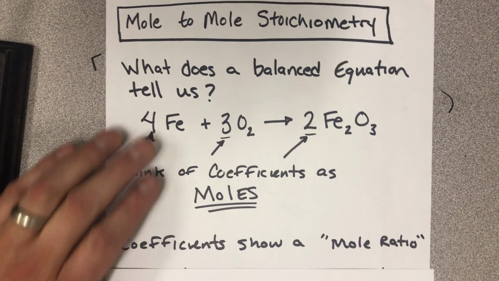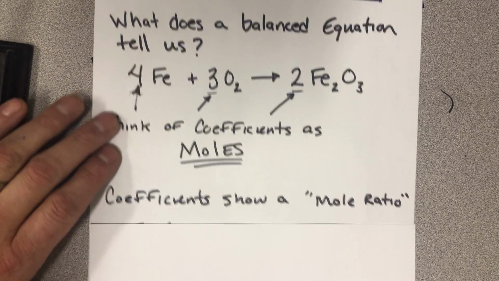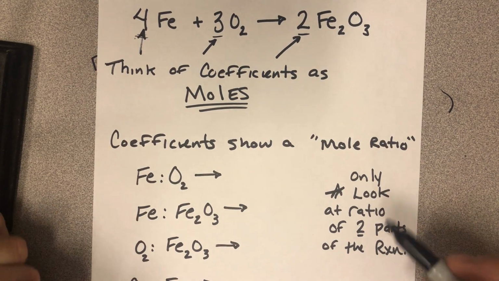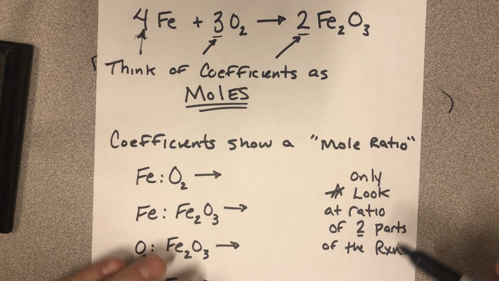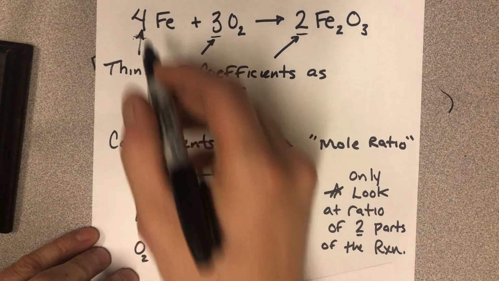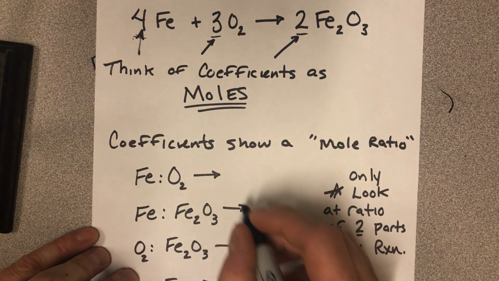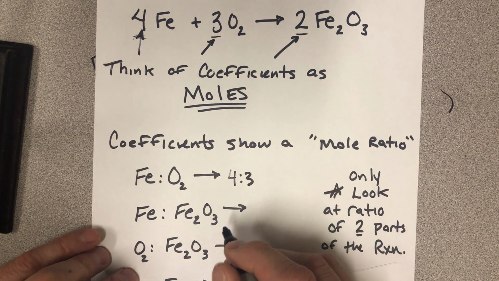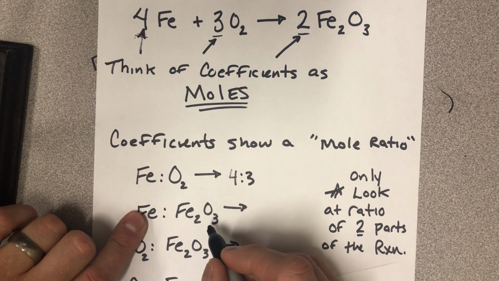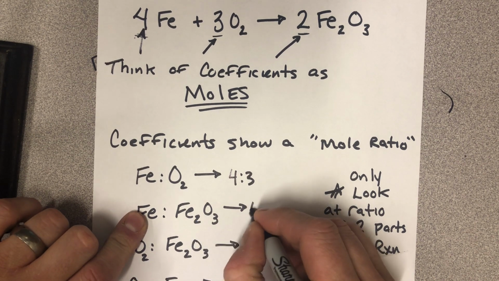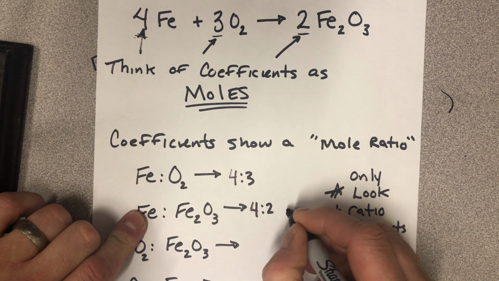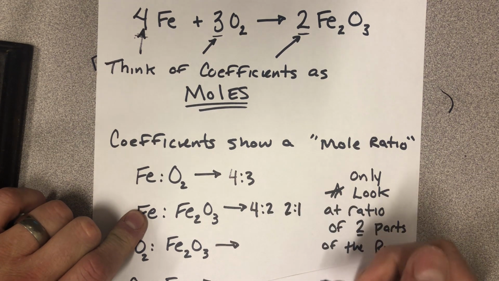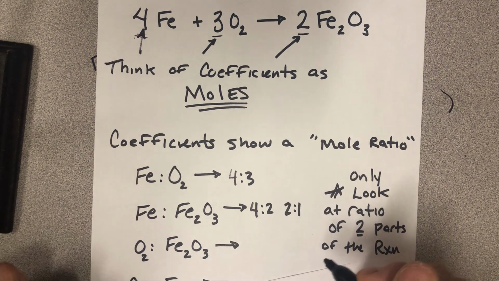So the coefficients can give us this thing called the mole ratio, and so we're only going to look at 2 of the parts of the reaction at one time. So in this reaction, we can say that the ratio of iron to oxygen gas is a 4 to 3 ratio. Okay. Iron to iron 3 oxide here is a 4 to 2 ratio, which is the same as a 2 to 1 ratio. You can reduce that down if you like, although it's not totally necessary to do that.